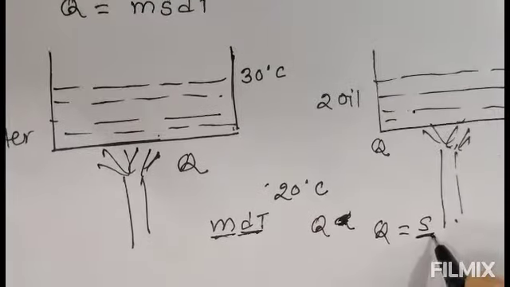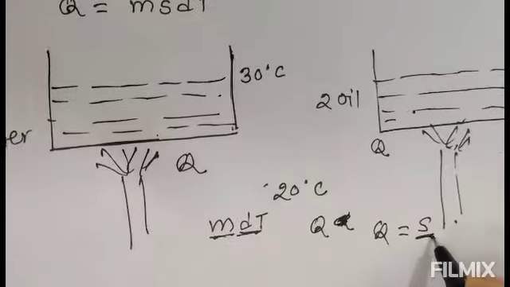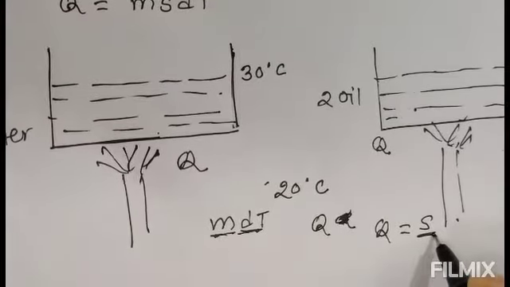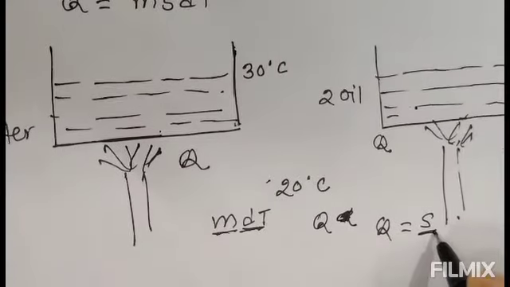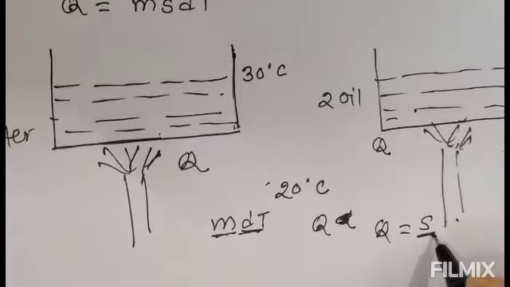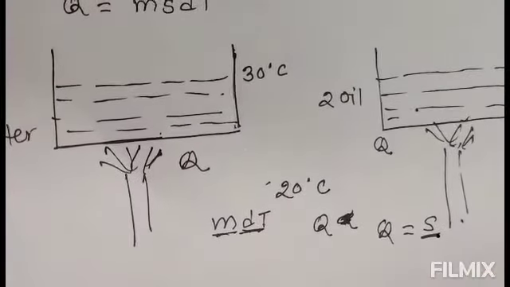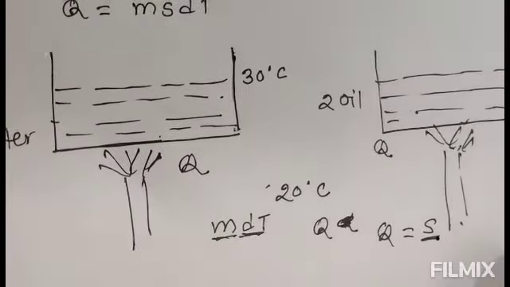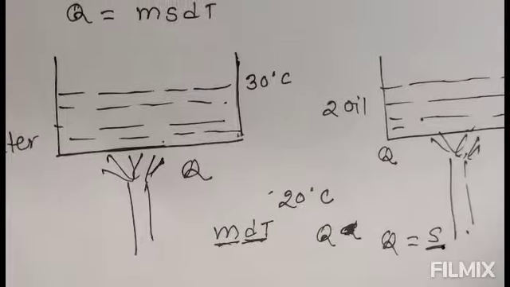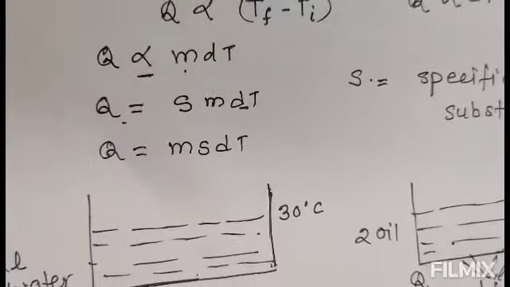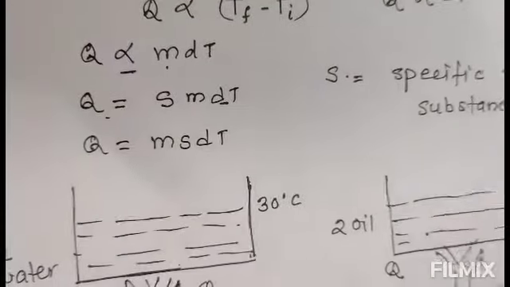The substance which has more specific heat will require more heat to raise the temperature, and the substance which has less specific heat will require less heat to raise the same temperature. Now you will see here in this formula, the formula which we have derived.